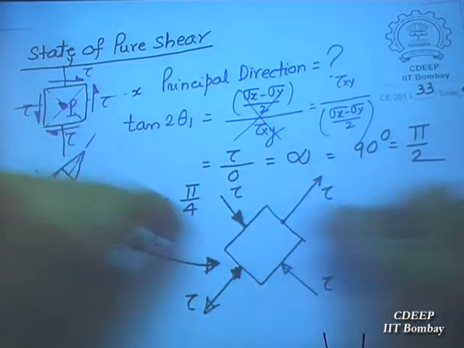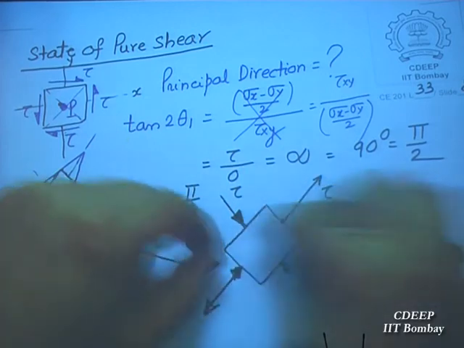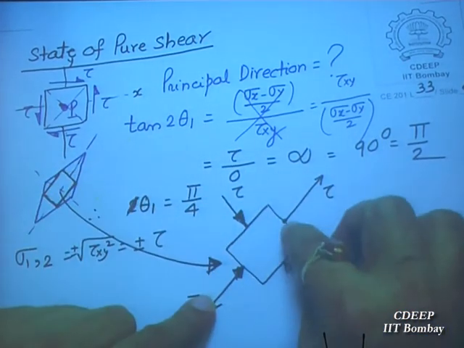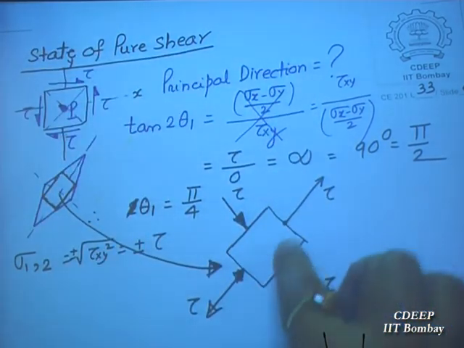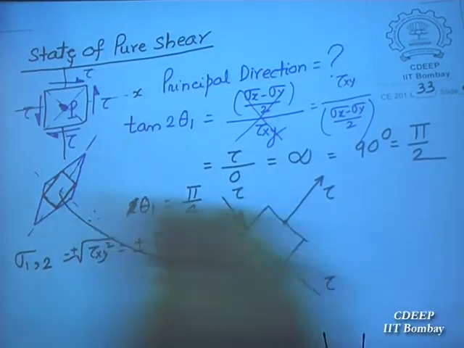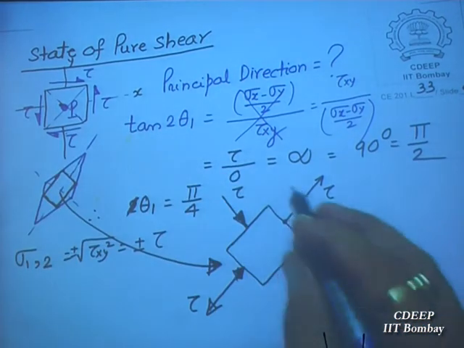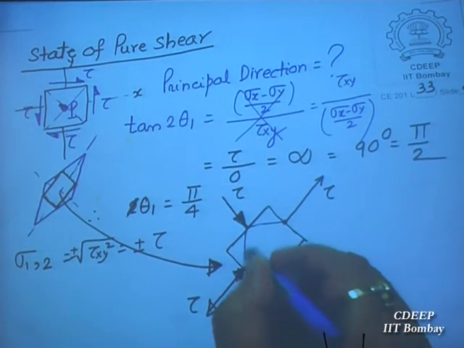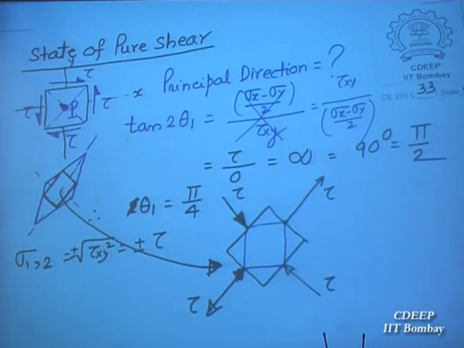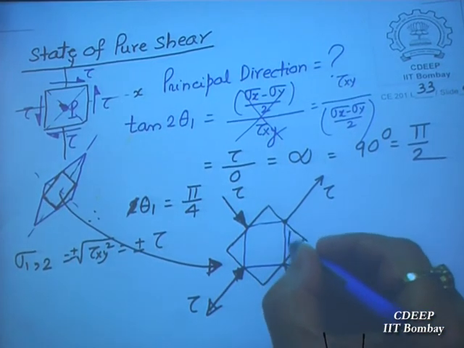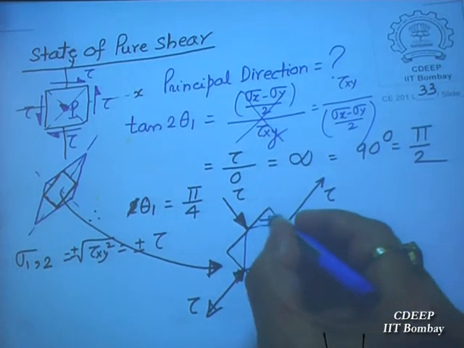So again now you visualize in x and y, what will happen? This one, it will be like this. So when you draw an element inside this, which is this, so on this, it is this.